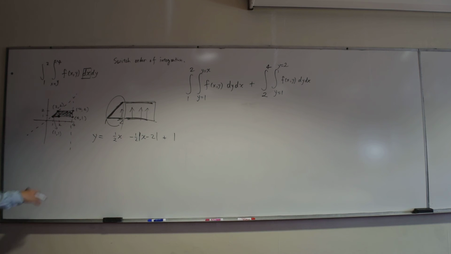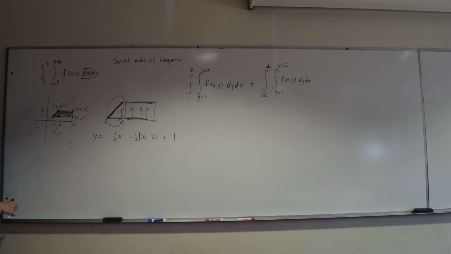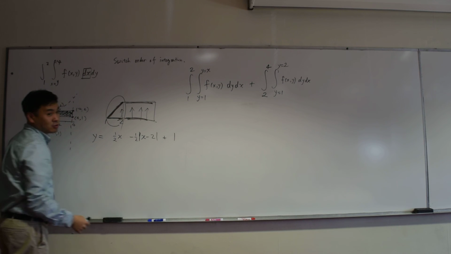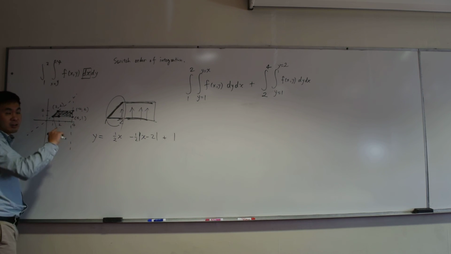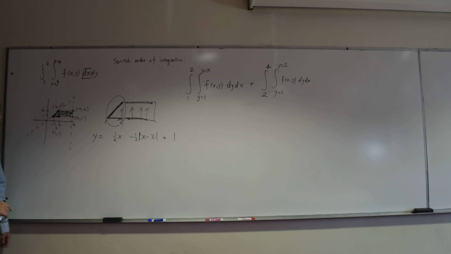If I plug in 4, you check that this gives you 2, so it says it's a horizontal line. And if you plug in 1, you can check that it passes through this one too. And because it's this absolute value of x minus 2, there's a break, the line changes slope at 2. So this is a single equation that can represent the entire top.